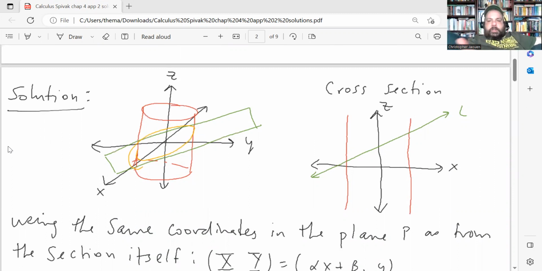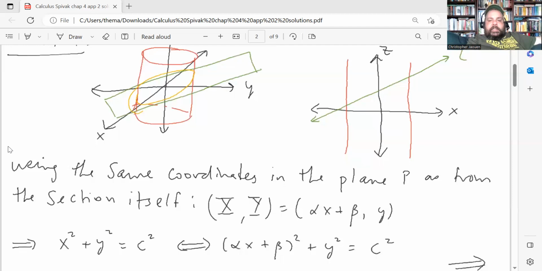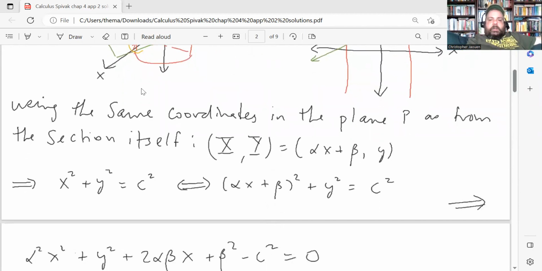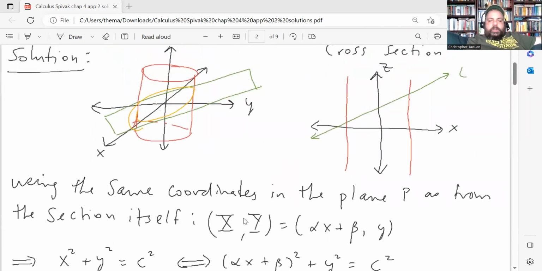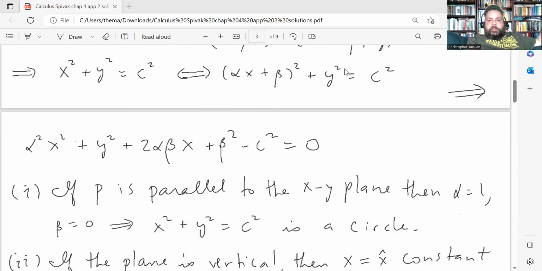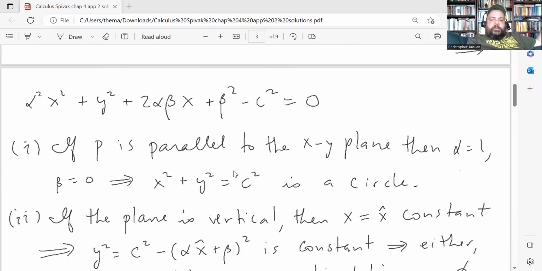So using the same construction for coordinates that he has in that example, the points (x, y) on the plane have this form here: (αx + β, y). And you just plug that into the constraint curve for the cylinder, and you get what you want. Then when you multiply it out, you get this expression here, and we can use this to analyze the type of curves that you get.